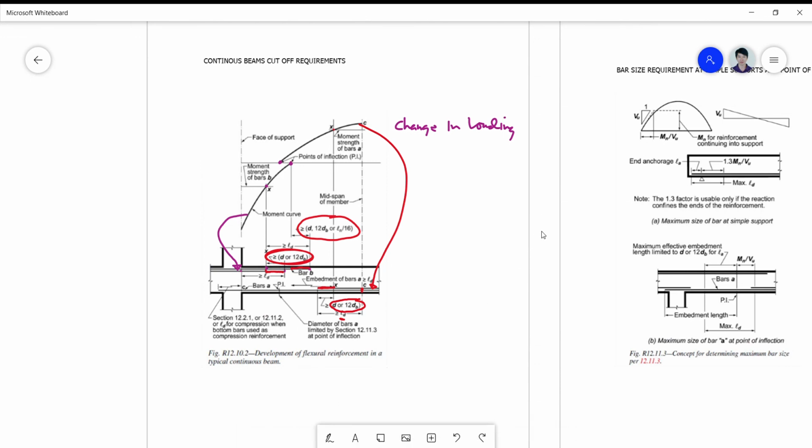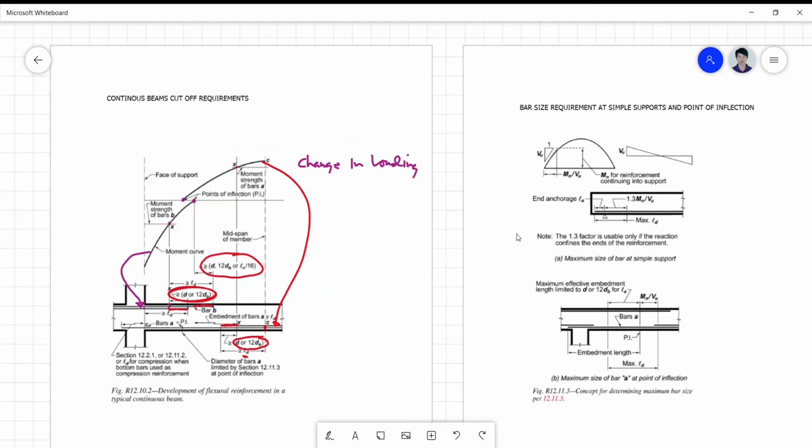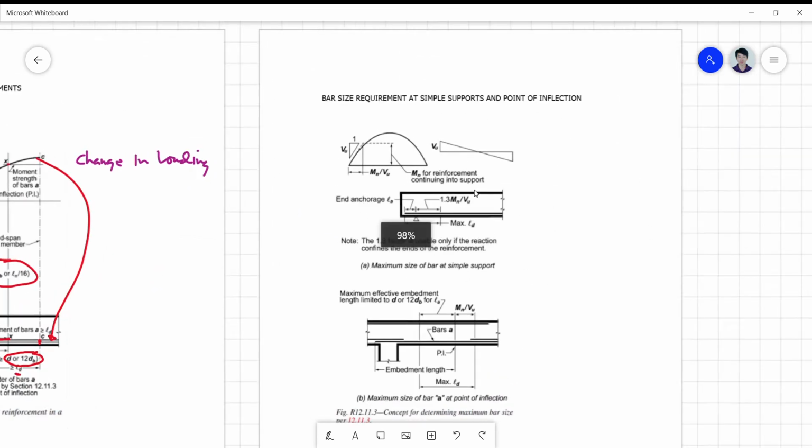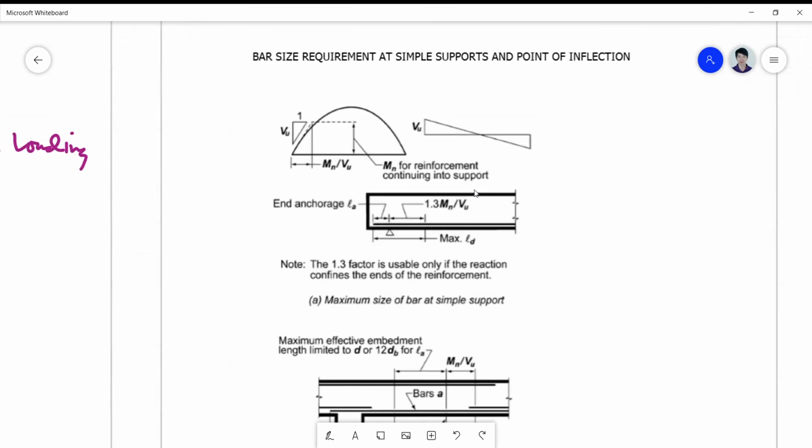Okay, for the bar size requirement at simple supports and point of inflection, we have to check on the bar size by simply providing a factor of safety of 1.3, which is usable only if the reaction confines the ends of the reinforcement.